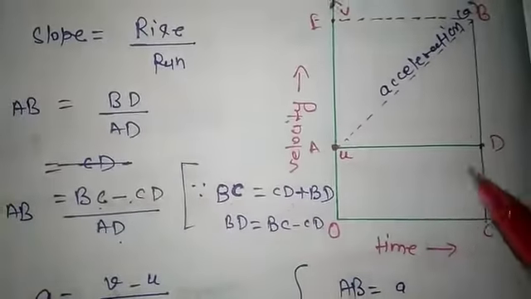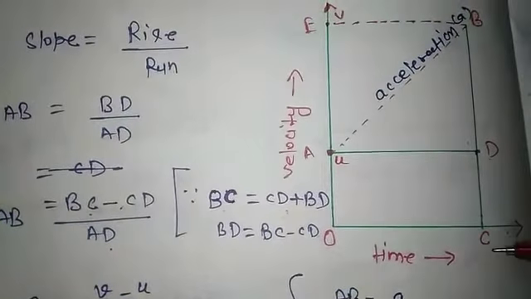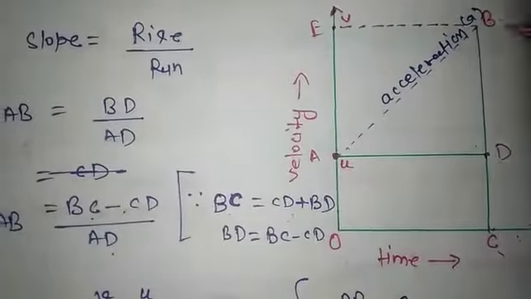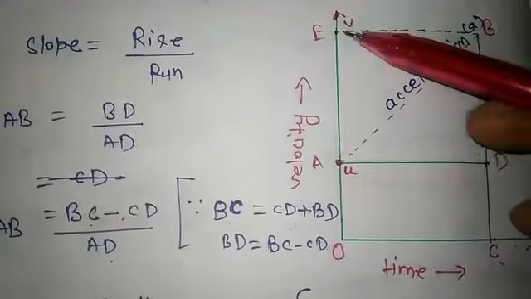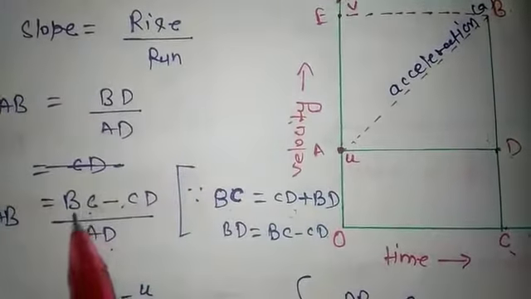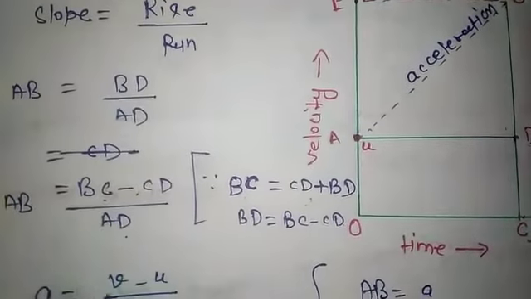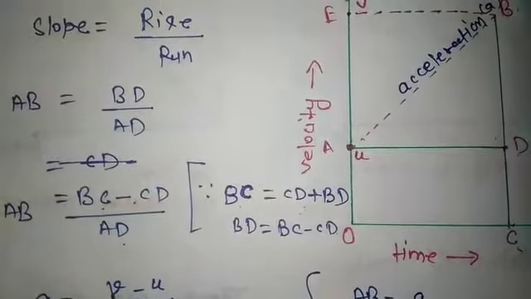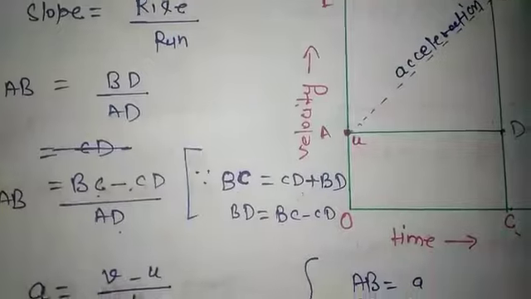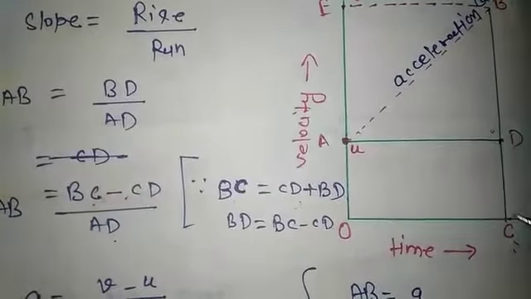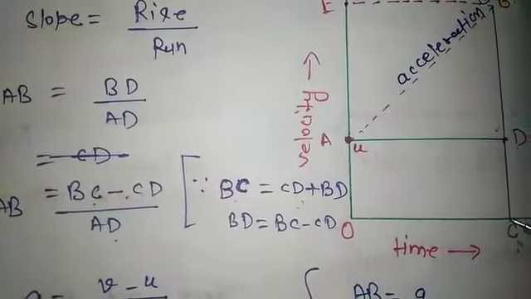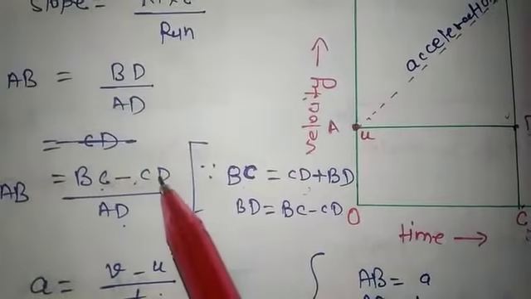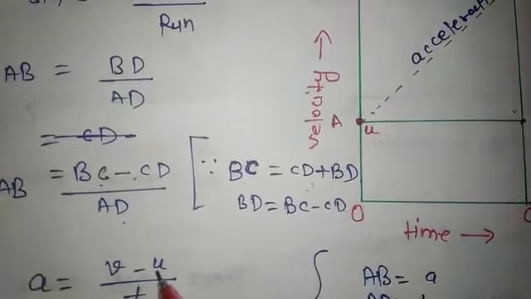What is BC? Here BC, from C to B, is the final velocity v. So BC is replaced by small v, the final velocity, and CD is the initial velocity of the object, so CD is replaced by u.